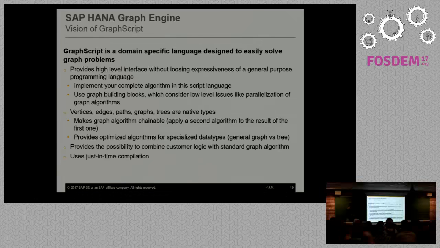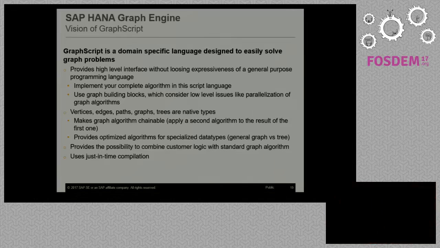In the background, we use just-in-time compilation for that. The goal is that you have to write only in a high-level language, and we compile it into a low-level language and use this one. And our goal is to be comparably fast as if you would write your graph algorithm directly in the low-level language.